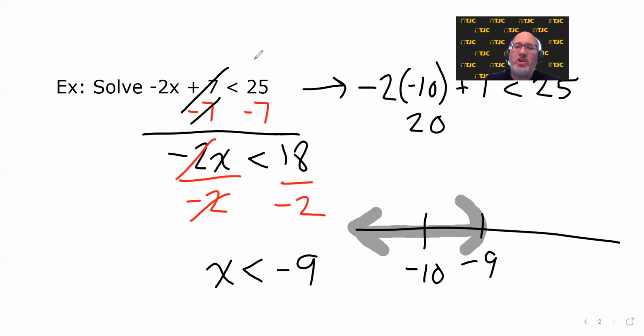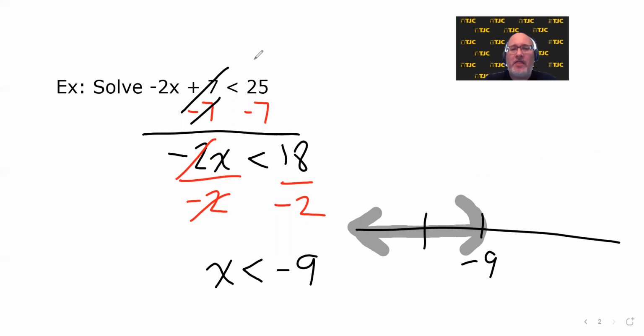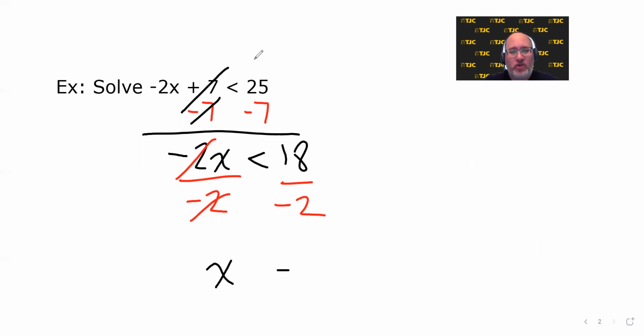I was just showing you that if you don't know the move I'm about to remind you of, then things will go astray. I'm going to take it all the way back to the point where we divided by negative 2. We do get x on the left. We do get negative 9 on the right.